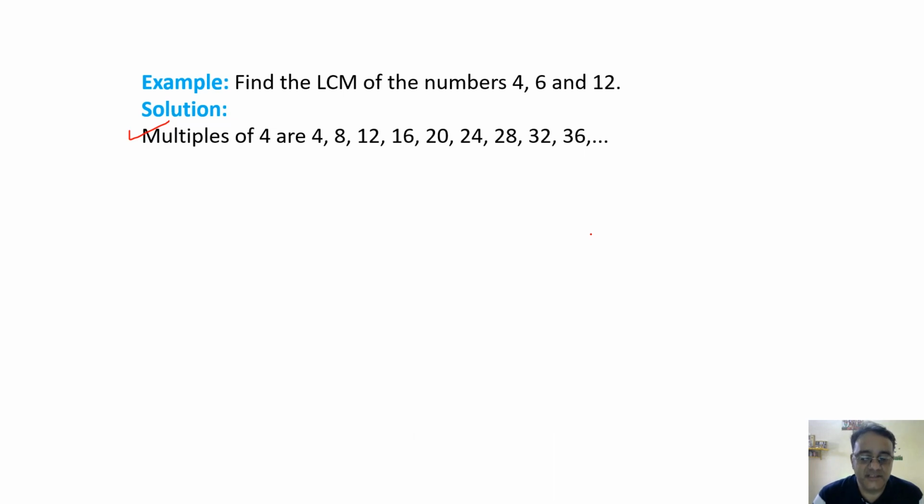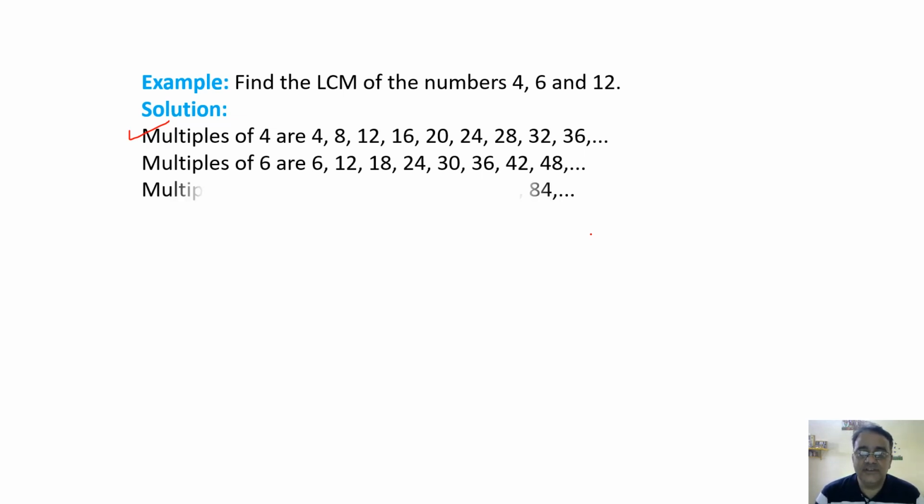Multiples of 6: 6, 12, 18, 24, 30, 36, 42, 48, and so on. Multiples of 12: we have already seen just now. 12, 24, 36, 48, 60, 72, 84, and so on. Now we have to identify the common multiples among these three.